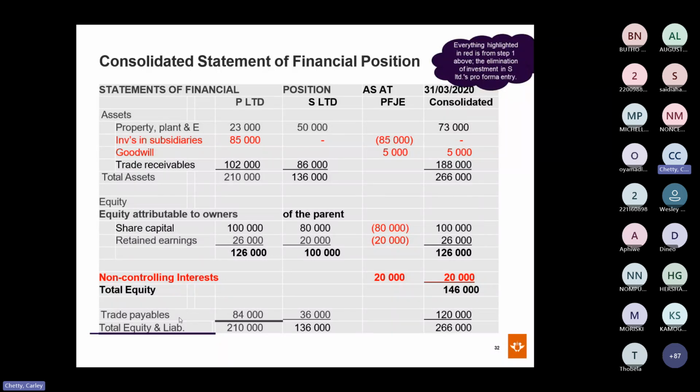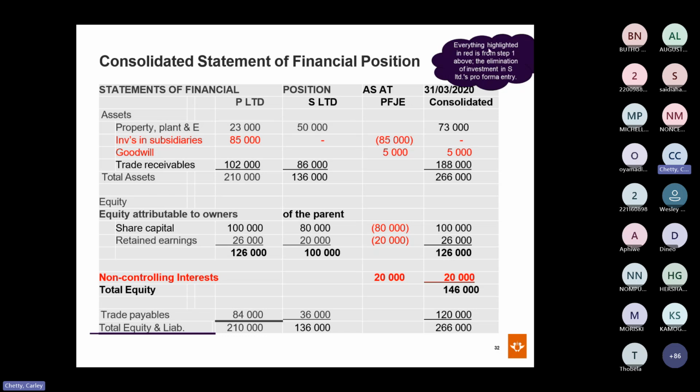Trade payables: P Limited has 84,000 Rand in their separate financial statements, and S has 36,000 in their separate financial statements. So that gives us a consolidated figure of 120,000. Okay, so this is the consolidated statement of financial position.